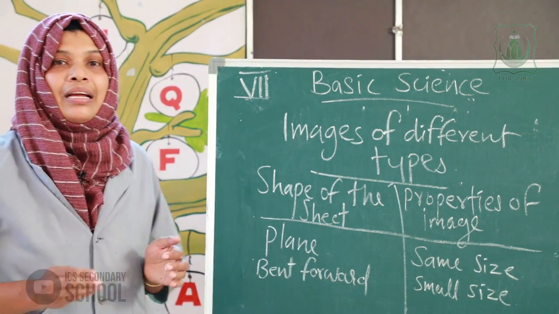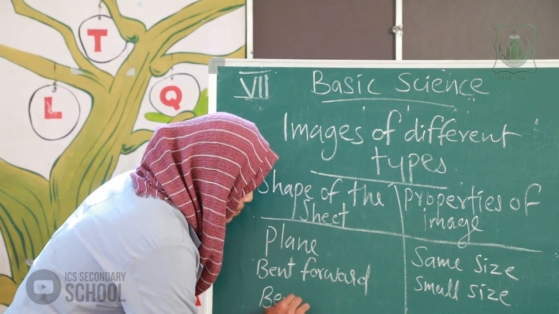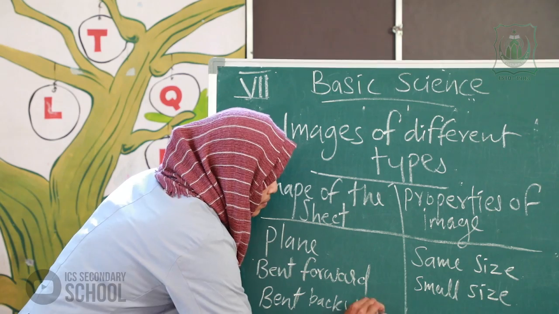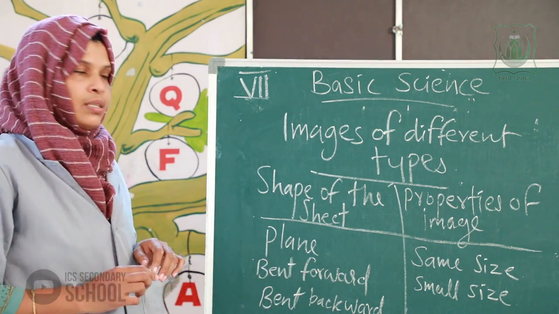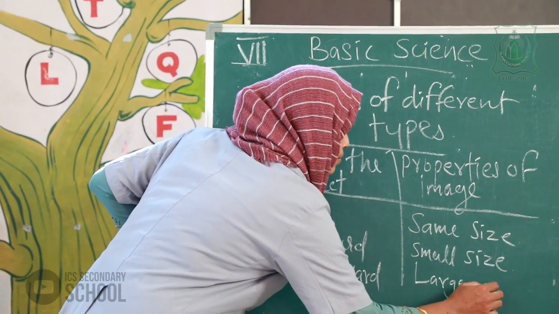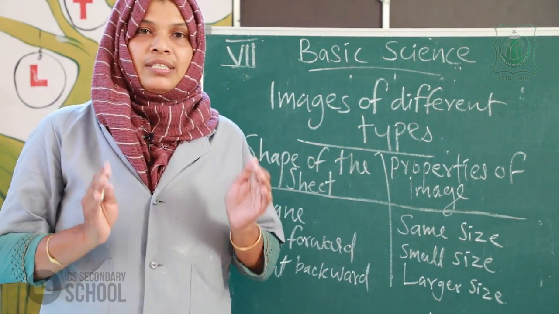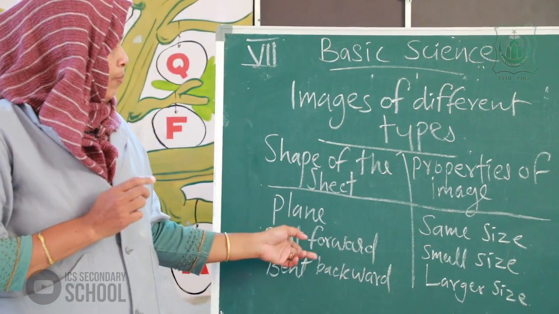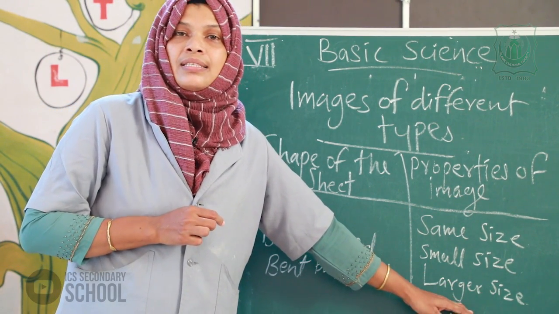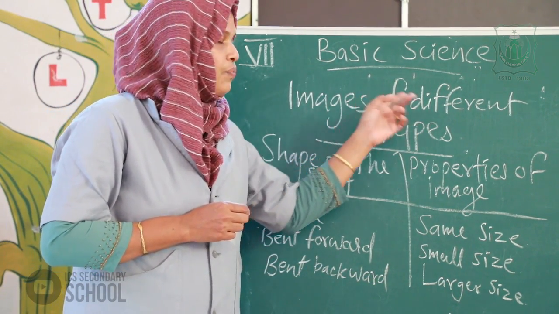Then keeping it slightly bent backward, larger image. The image size is same in plain sheet, then bend forward, small size image, then bend backward, larger size image. These are the properties of images in different types.